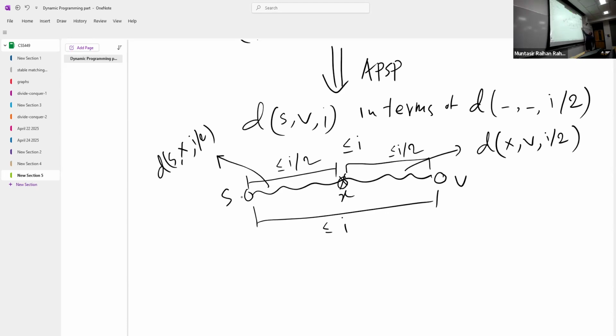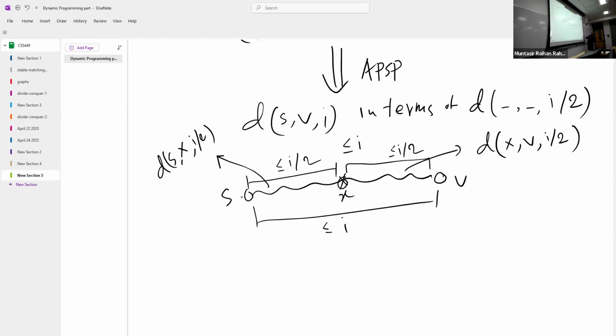Now one question I have for you is, can I reduce hop count by i by 2 for single source shortest path or not? No, because you don't know that you're not missing a longer hop negative path.